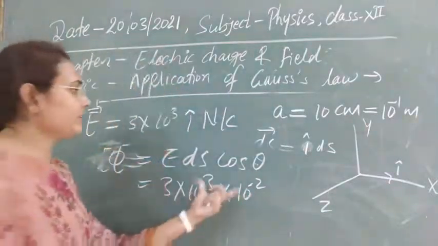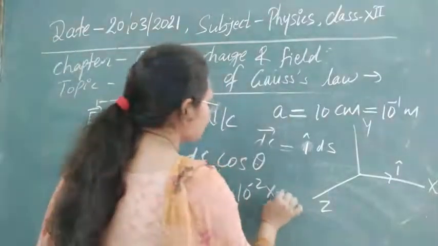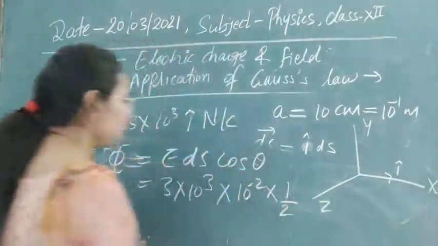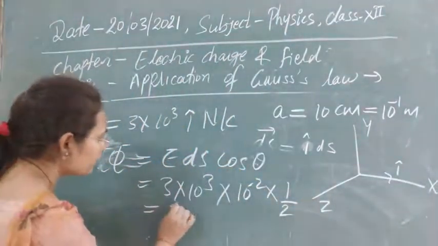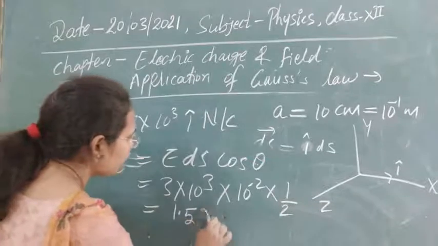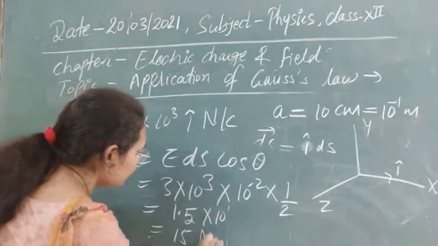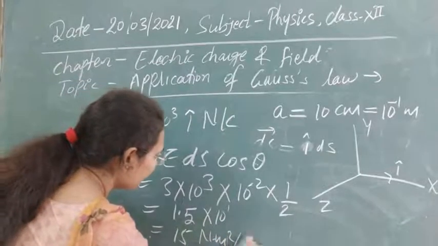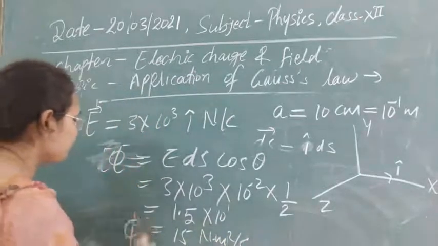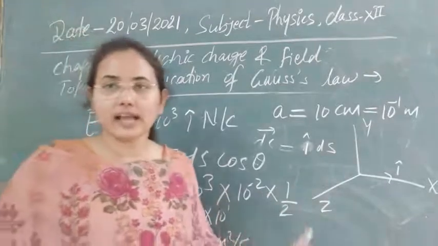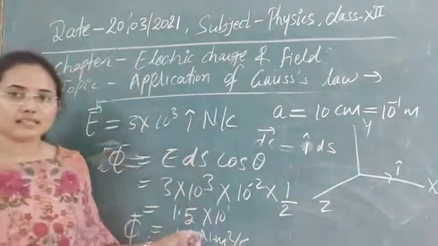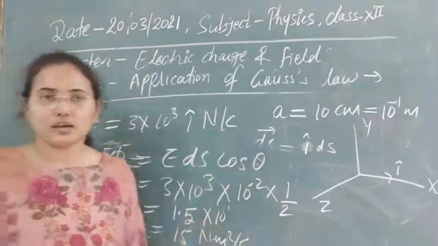So directly we can put the value of cos 60, which is 1 by 2, and solve it. That will be 1.5 into 10 to the power 1, that is 15 Newton meter square per coulomb. So this is the answer of the flux when it makes a 60-degree angle from the x-axis for the square loop.